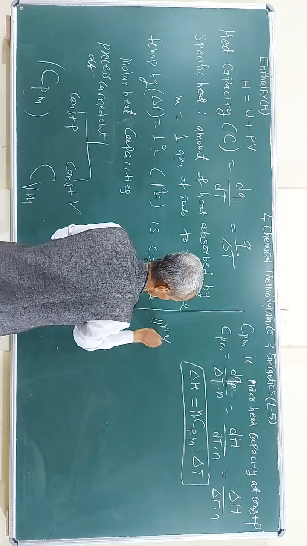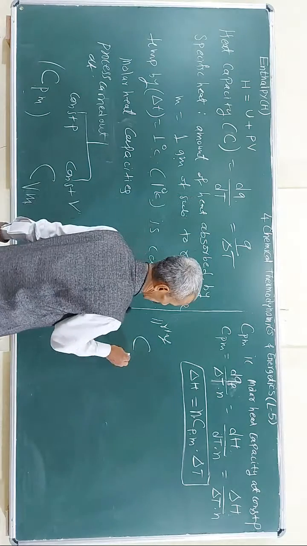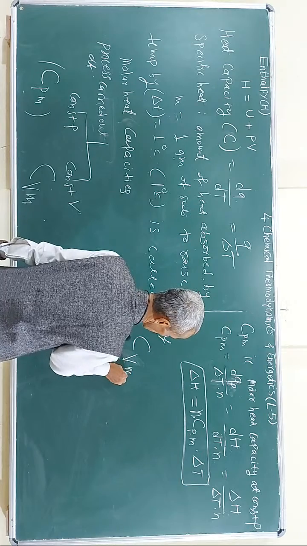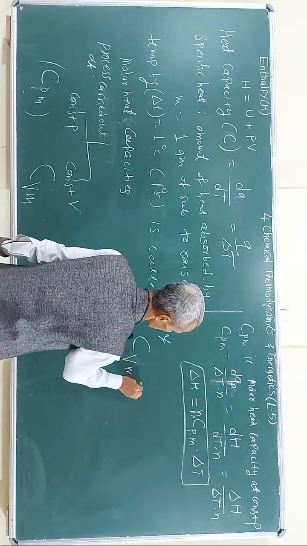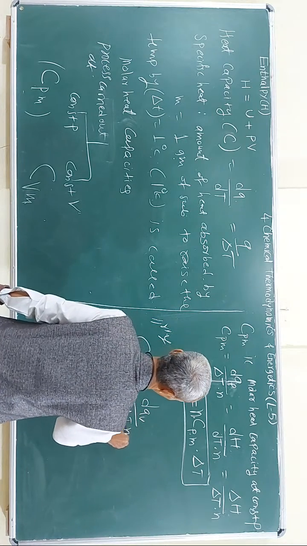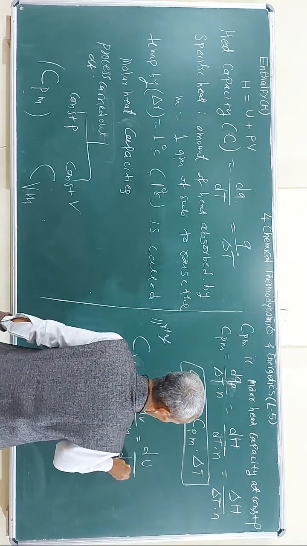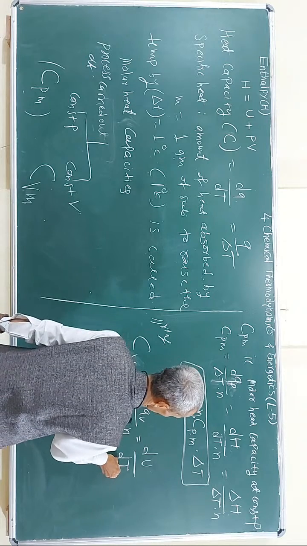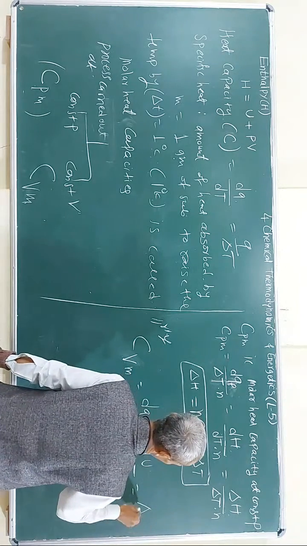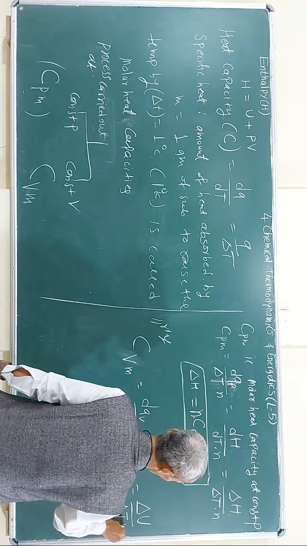Similarly, if the process is carried out at constant volume, then the molar heat capacity at constant volume is equal to dQV upon ΔT n, or dU, the internal energy change when a small amount of temperature increases per mole, or this can be ΔU upon ΔT per mole.